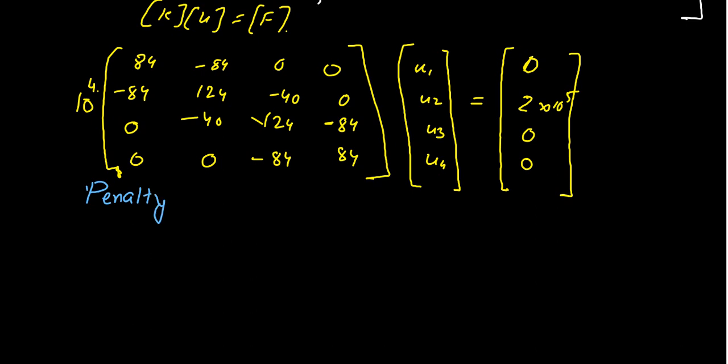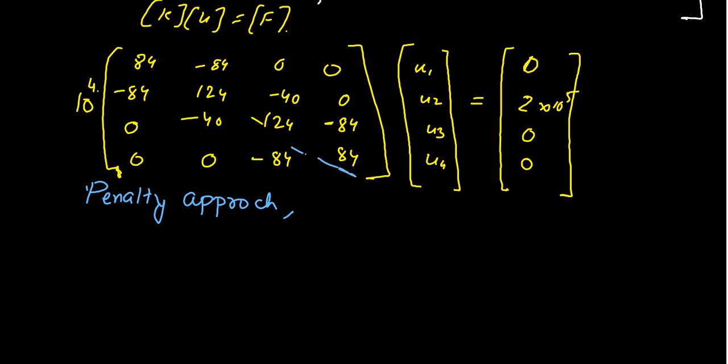In the penalty approach, in the diagonal we have to find which is the maximum value, because the maximum value we can generally find in the diagonal itself. Here 124 is the maximum value in the diagonal, both values are the same, so 124 is the maximum.